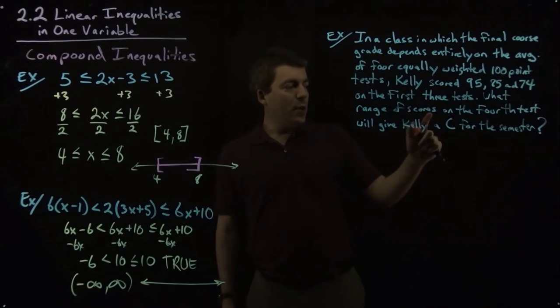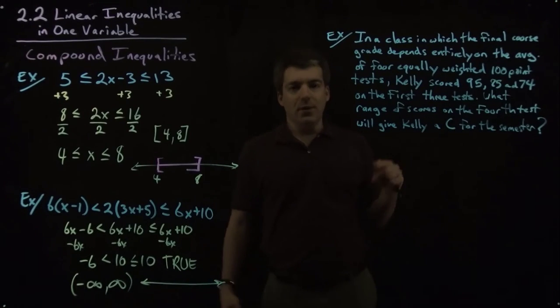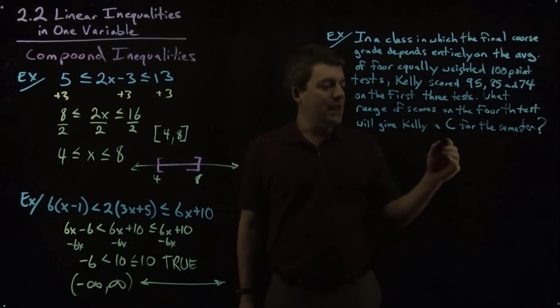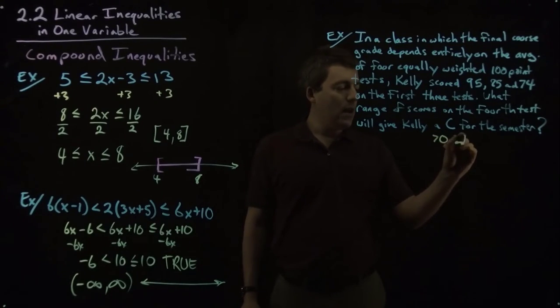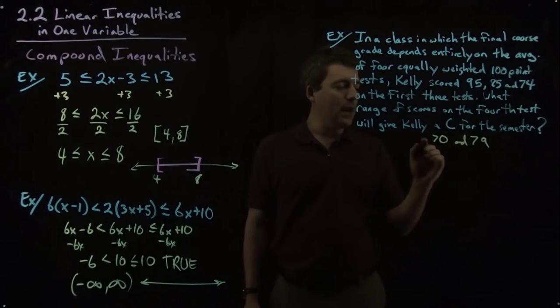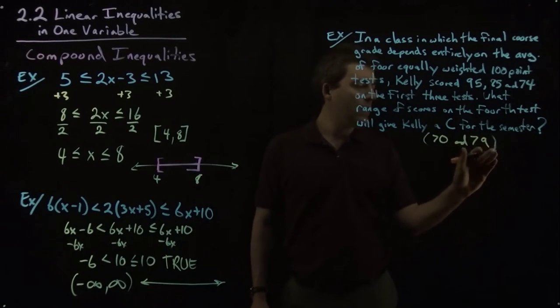What range of scores on the 4th test will give Kelly a C for the semester? And here we'll denote a C as being scores between 70 and 79 inclusive.